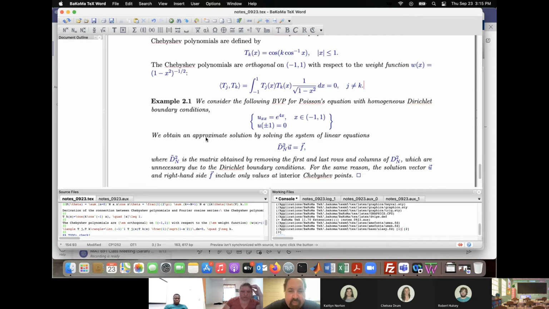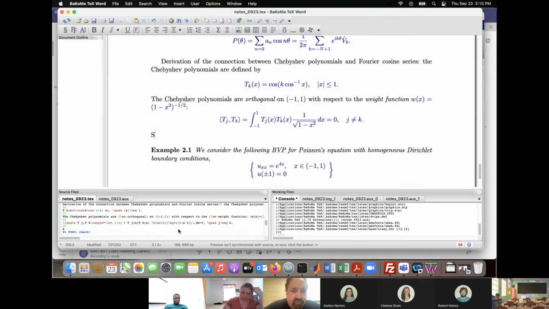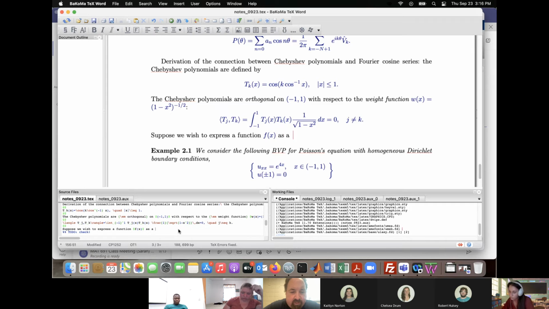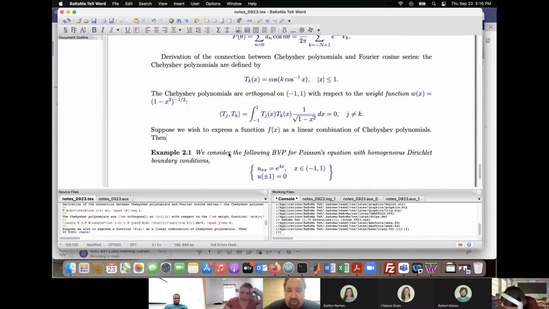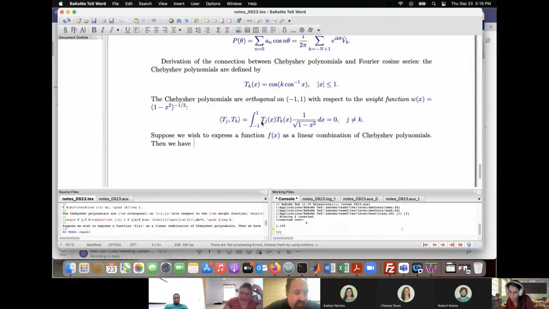All right. Now, suppose you want to express a general function f of x as a linear combination of Chebyshev polynomials. Because they have this orthogonality relationship, you can do that.